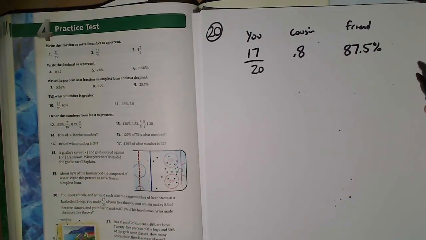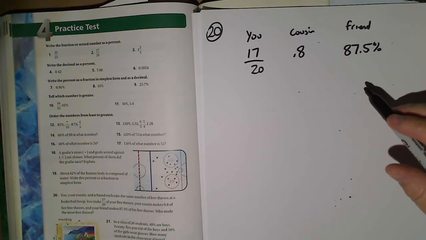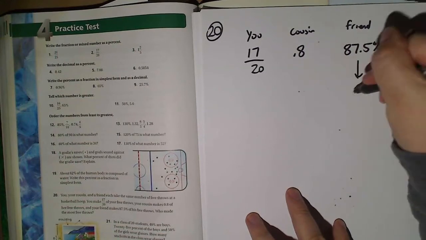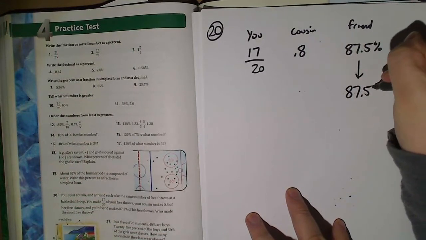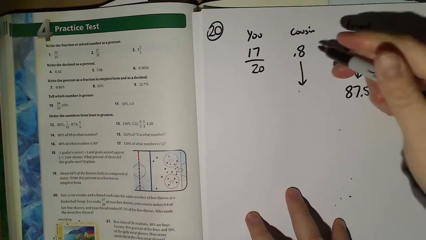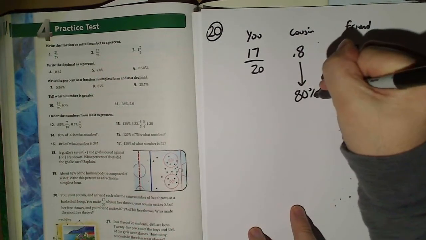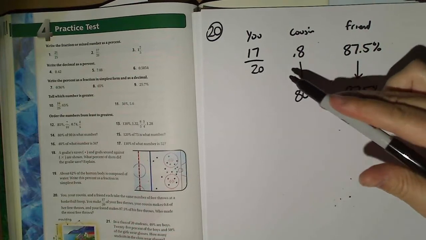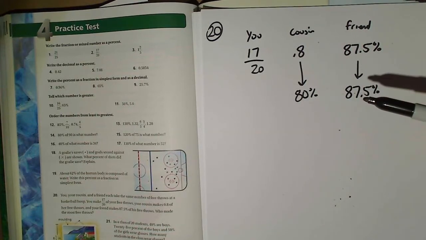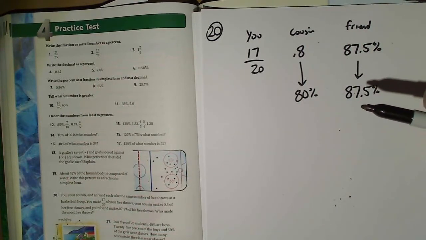All right, so we just basically are comparing these. I'm going to compare them by getting them all on the same level. So I'm going to go with percents again because I like percents. So this one, 8/10ths, I'd move my decimal to the right 2 times, becomes 80%. And then 17/20ths, I could divide 17 divided by 20, I'd get a decimal answer.